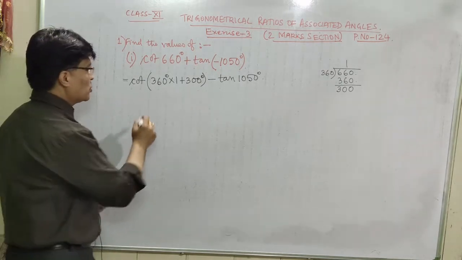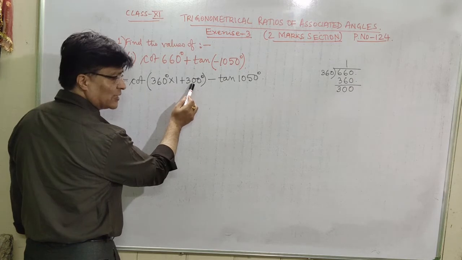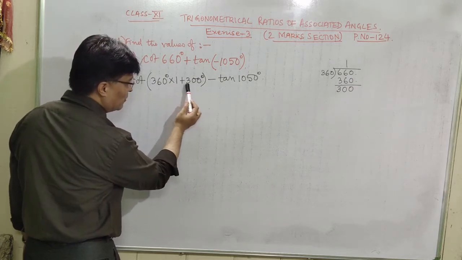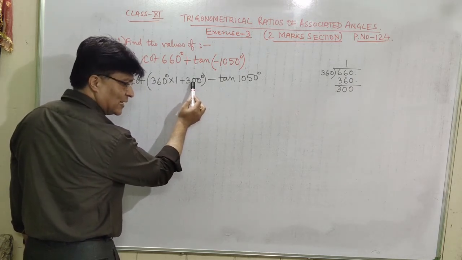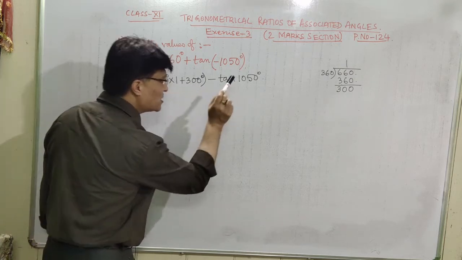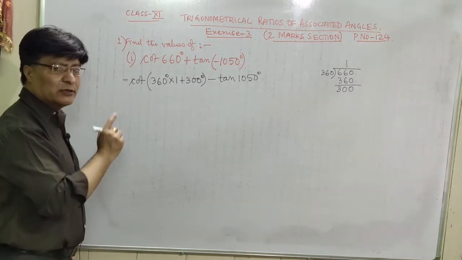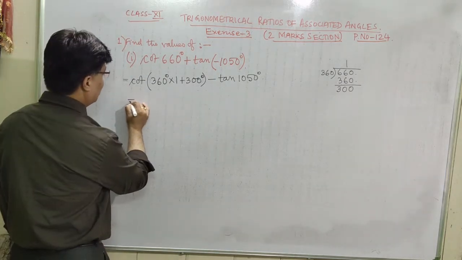So now this is the formula, cot of 360 degree into n plus theta. Here also, whatever the angle is, take it as theta. You know that 360 degree into n plus theta always lies in the first quadrant, and in the first quadrant all the trigonometrical ratios are positive.